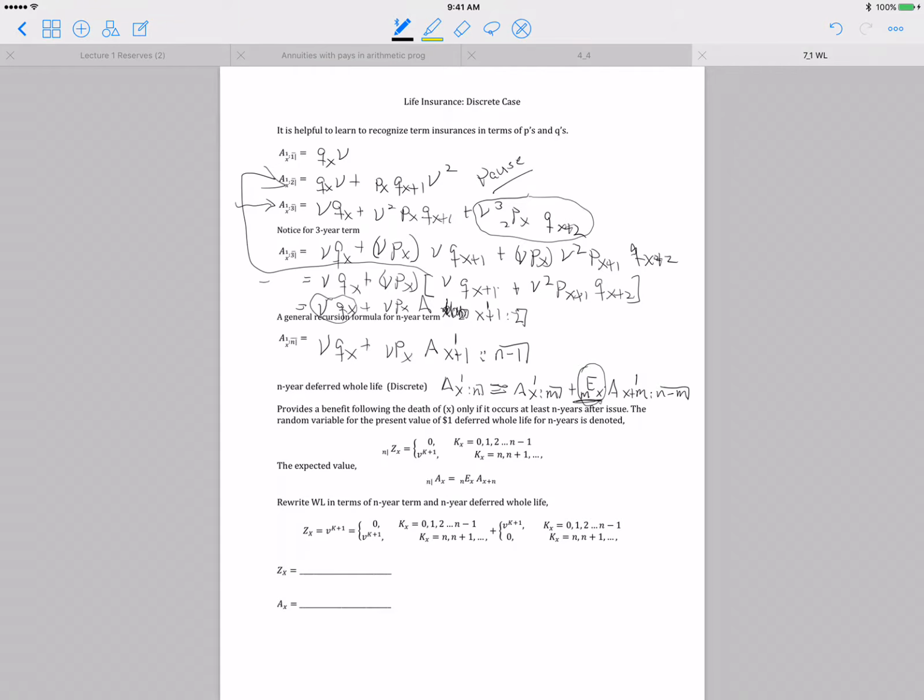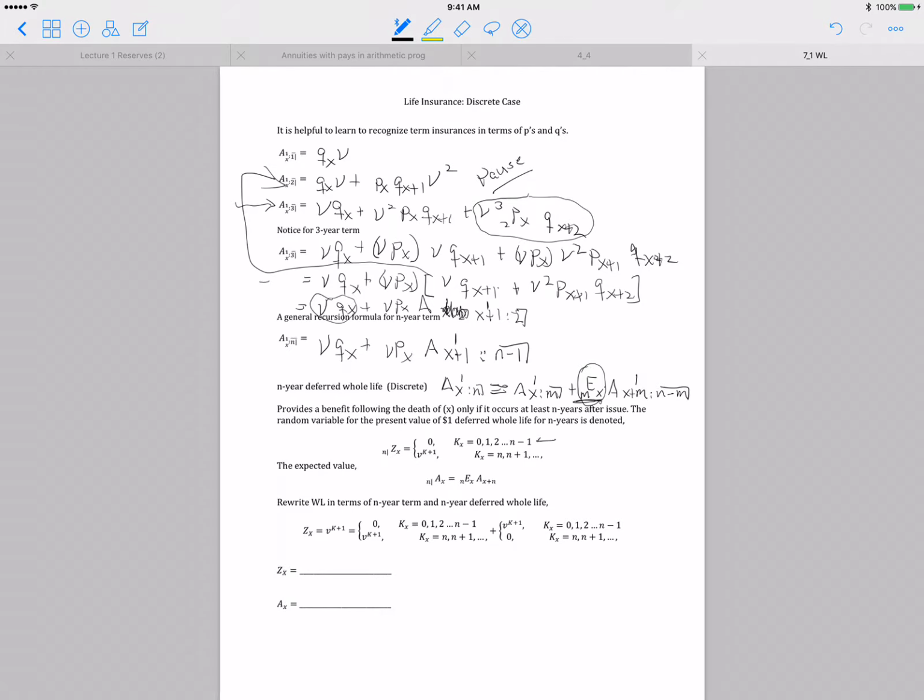Okay, so let's go to n-year deferred whole life insurance. This provides a benefit following the death of x only if it occurs at least n years after issue. So the deferral period is n years, and if death occurs there, there is no benefit paid.